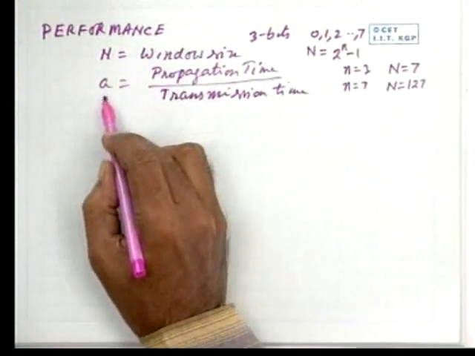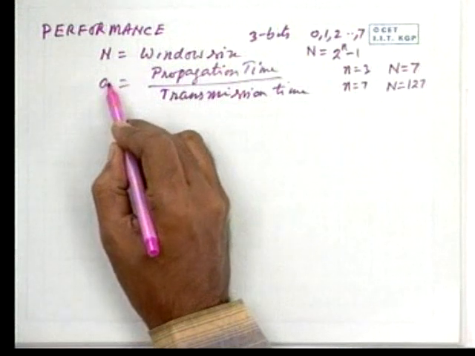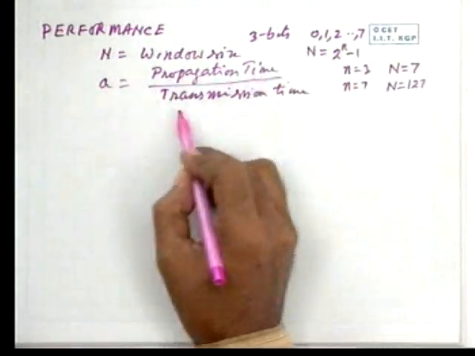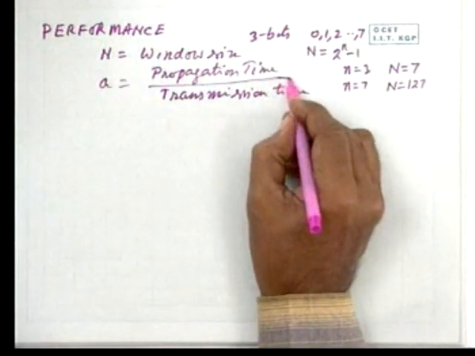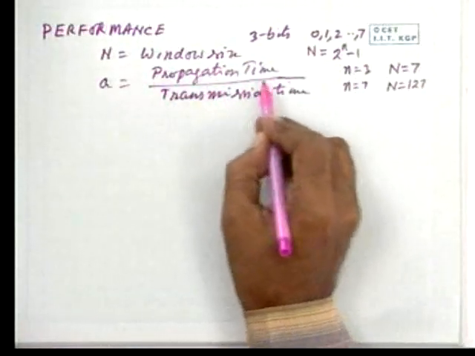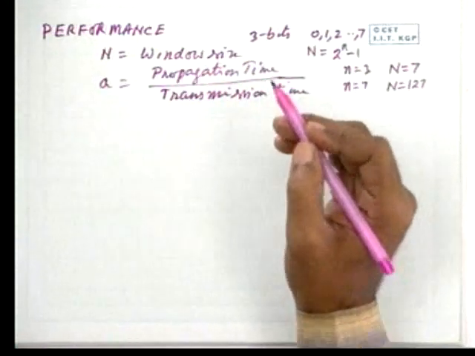On the other hand, the parameter a depends on the ratio of the propagation time to the transmission time. And it depends on the speed and the distance between the two systems, because the electromagnetic signal travels at the speed of 3 into 10 to the power 8 meters per second through unguided media, and roughly 2 into 10 to the power 8 meters per second through guided media.